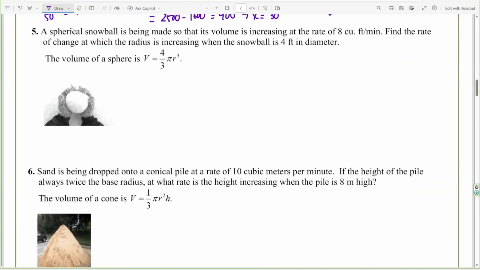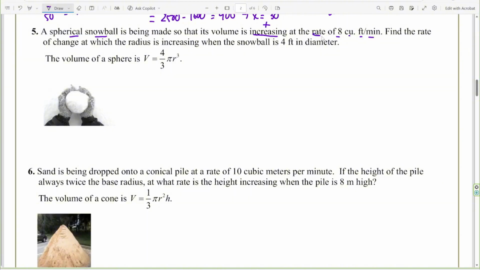Now let's move on to question 5. A spherical snowball is being made so that its volume is increasing at the rate of 8 cubic feet per minute, right? So increasing, which means positive, right?